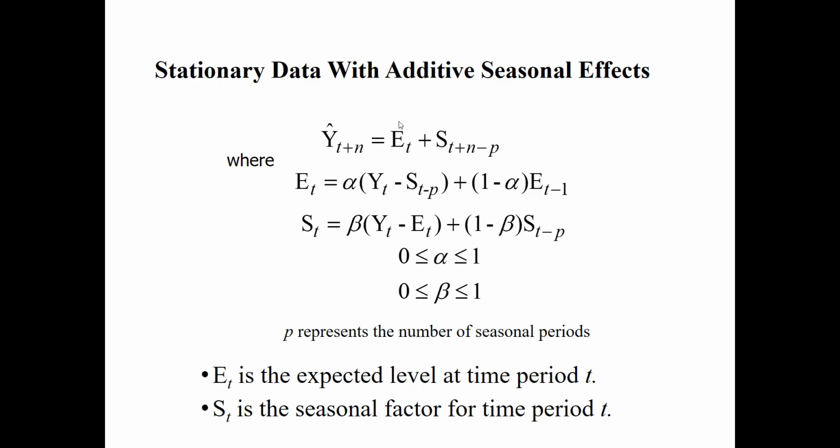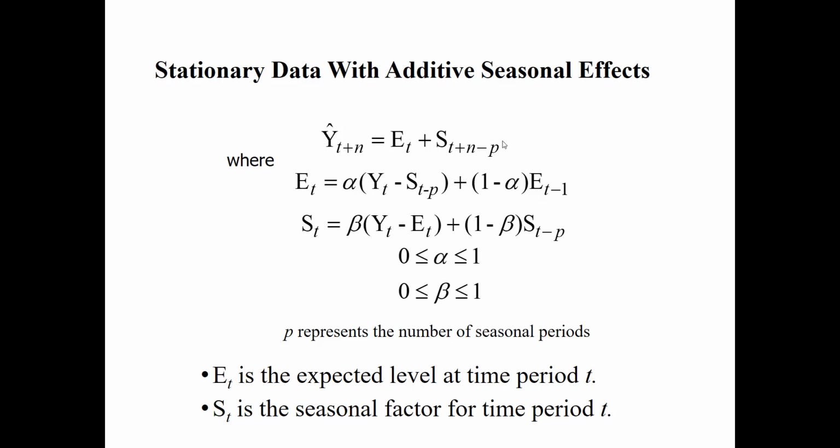The first factor we represent by E_t, which we call the seasonal expected level. The second term is S at time period t plus n minus p, which we call the seasonal effect.